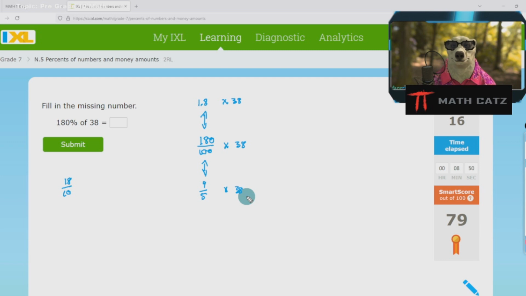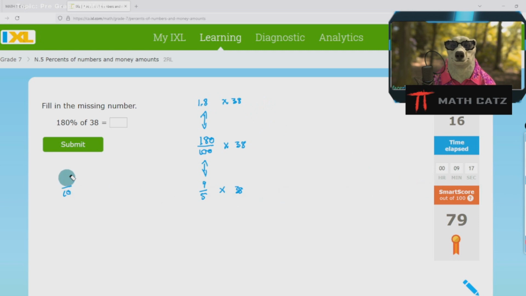Well, the 38 is not a great number. If it was a multiple of 5, I could argue that this fraction would simplify nicely. It's not a multiple of 5, so that's not the best. I could still go this way.